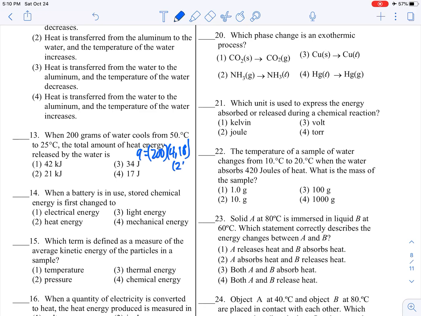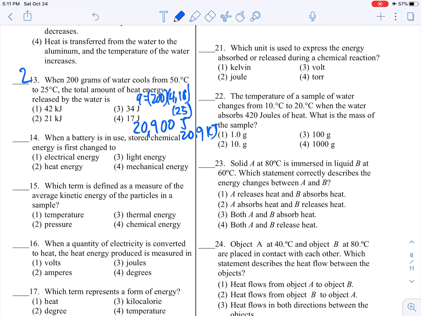So the change is 25. 200 times 4.18 times 25 is 20,900 joules. That is not an answer here. But guess what? Kilojoules. This would be 20.9 kilojoules. So that's our answer. Tricky.